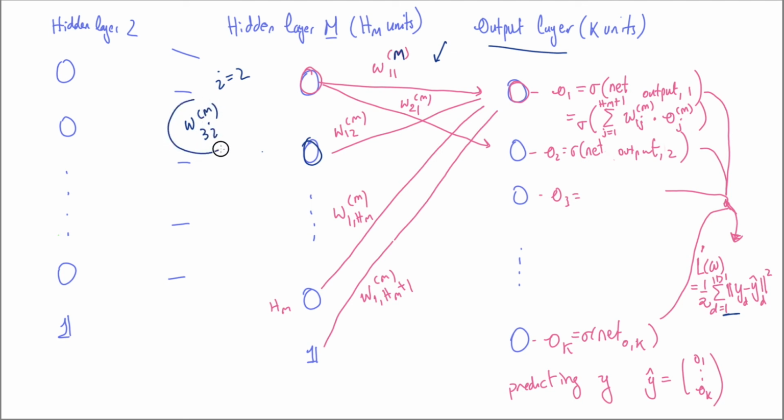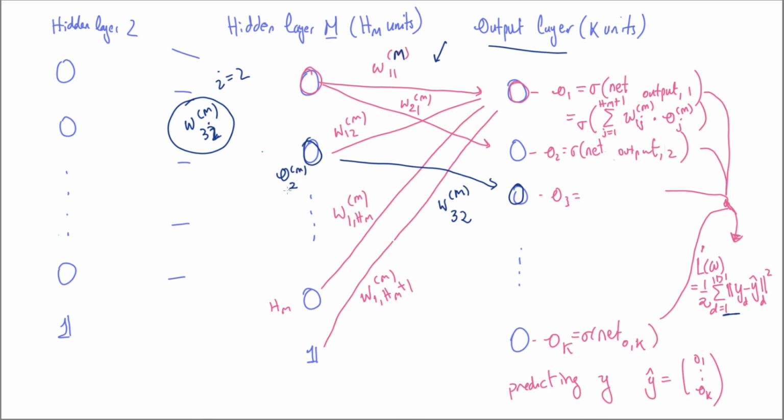Imagine that this is the gradient we're interested in. So here is the third output unit. This is the connection between the second input in hidden layer m and the third output unit, which has a weight w_32^m. So when I'm talking about o_2^m, I mean the second output of the previous layer, right?